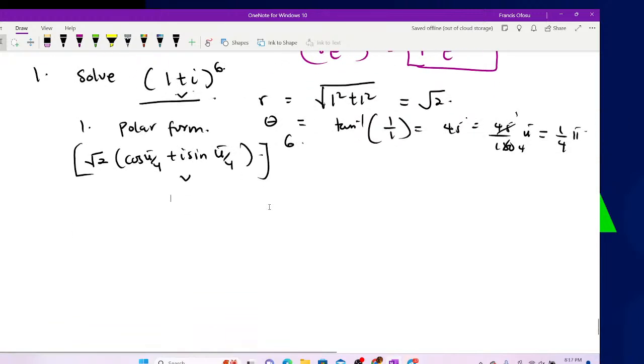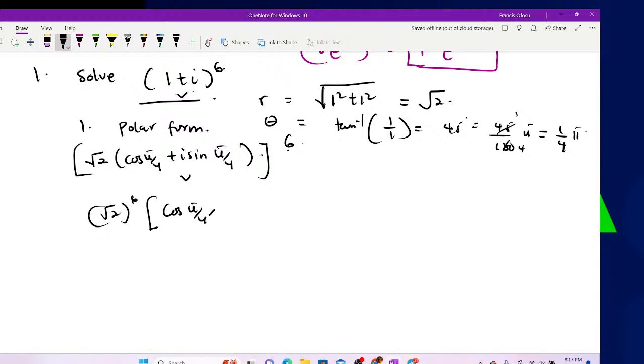Applying the De Moivre theorem, this is what I do. The theorem is saying that this 6 will affect the square root of 2 as to the power 6. But expanding this, you only have to multiply the 6 by the argument. So I have cos pi on 4 times 6 plus i sine pi on 4 times 6, right? So I have square root of 2 to the power 6.